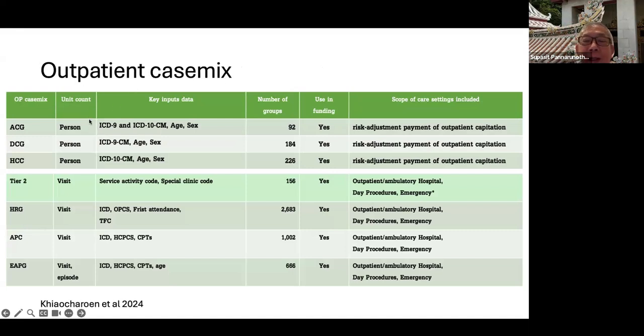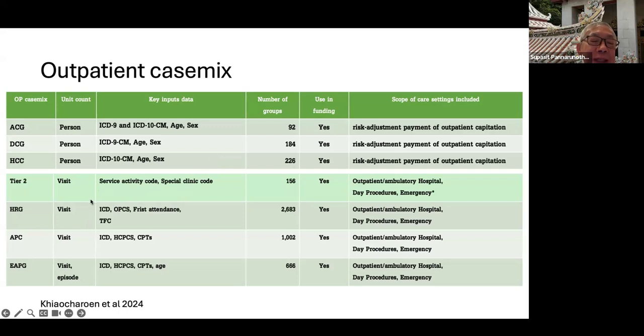There is a lot of literature we can review showing that payment for outpatient service can be person-based, capitation, or risk-adjusted capitation, which requires information that the first version of the standard data set I presented earlier cannot cope with.